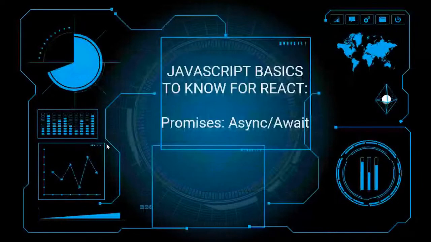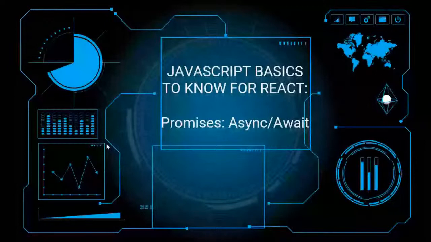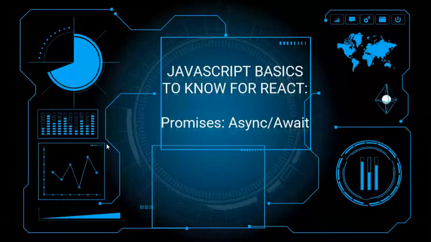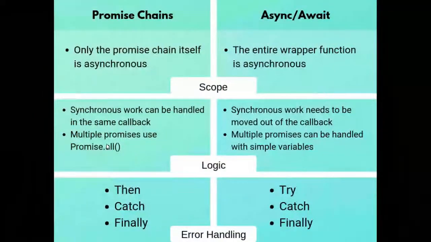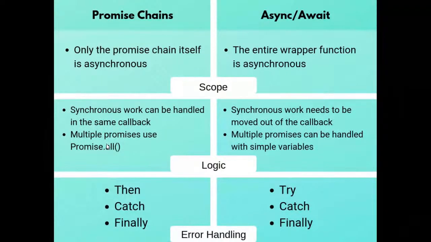And the last thing, and this is probably one of the more important topics, definitely in the top 3, is understanding promises and understanding the async await syntax. Before we had this async await syntax, we just had promises, and async await can be used in combination with promises or without them.